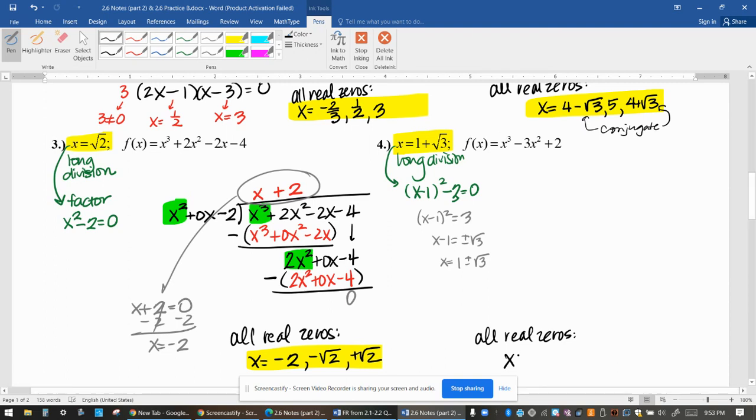Okay? So I already know that I'm going to have, these are called conjugates. I'm going to have two solutions, 1 plus root 3 and 1 minus root 3. So let's find the other one.